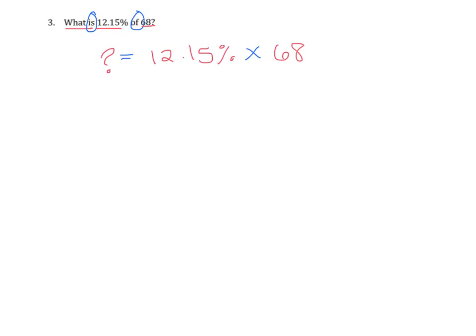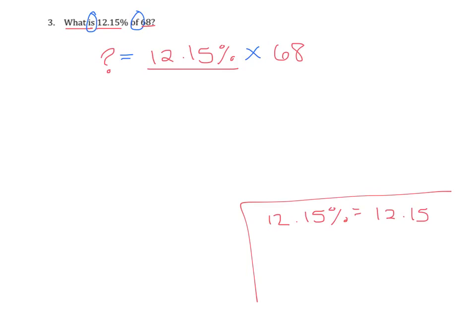Next, I'll rewrite this sentence so that the percent is written as a decimal. Remember, to convert 12.15% to a decimal, we need to divide by 100. This will give me a value of 0.1215.